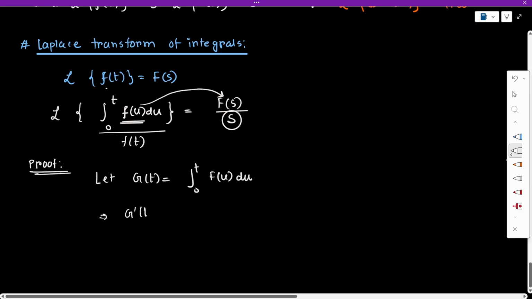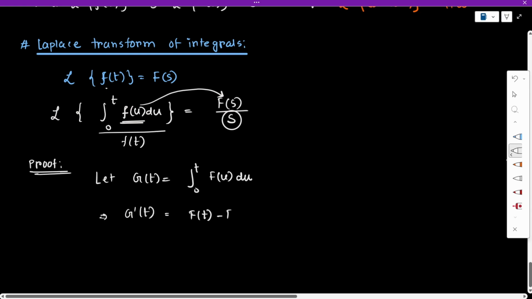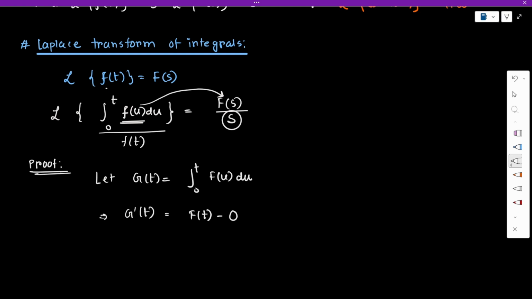So if we then differentiate both sides of the equation with respect to t, we get f of t minus, I'm sorry, f of t minus 0.